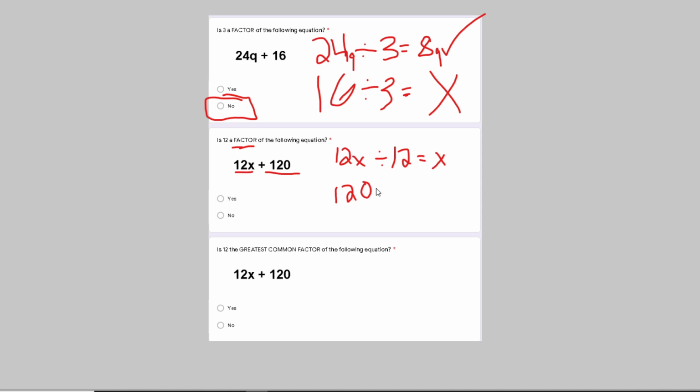So we do 120 divided by 12 gives you 10. So it is a factor, right? Because we could factor out the 12, and that would leave us with x plus 10 left over inside.